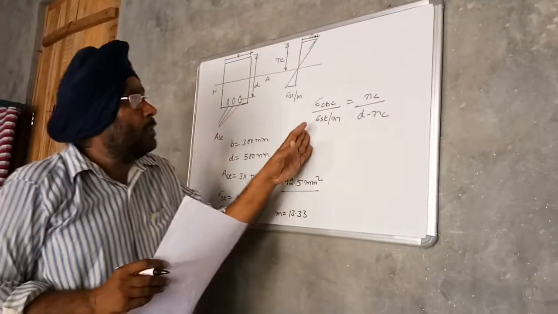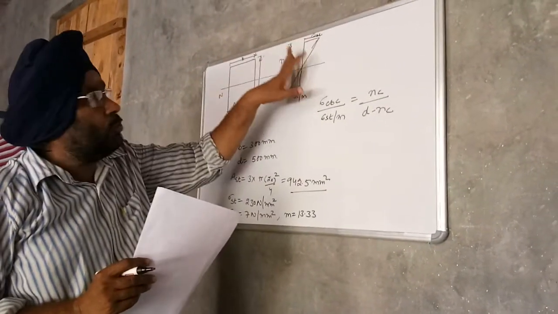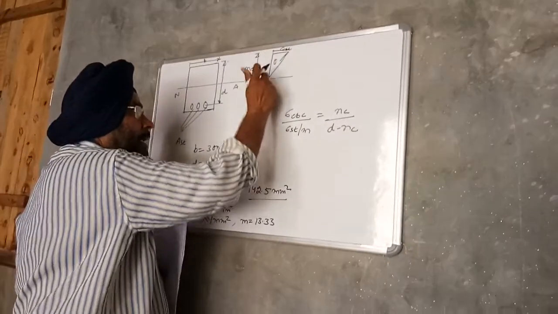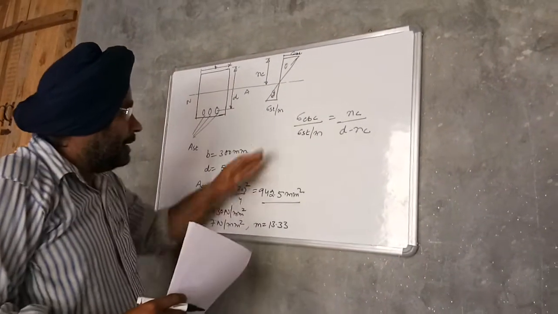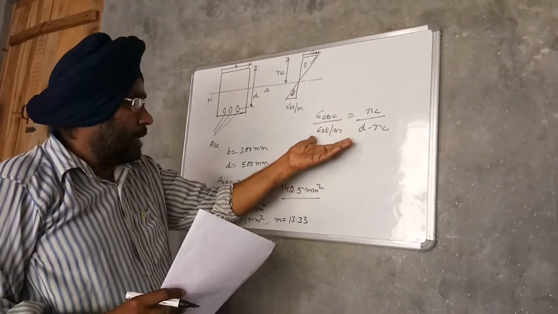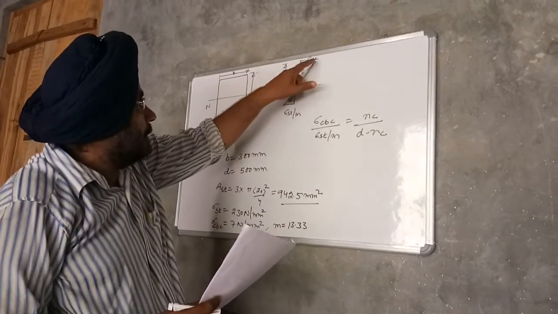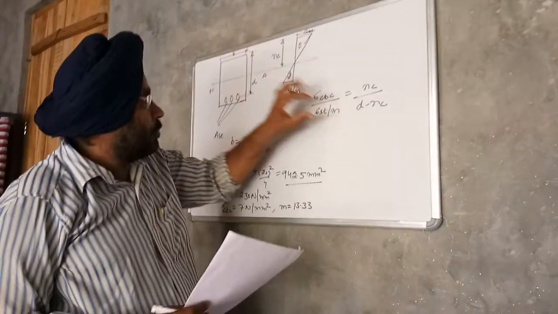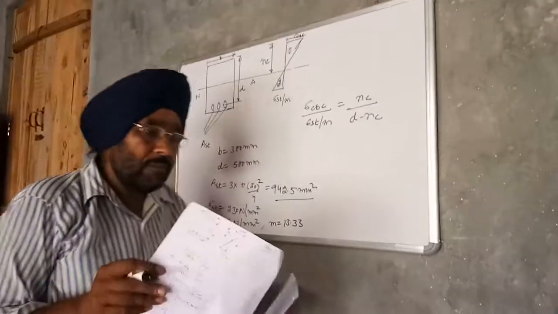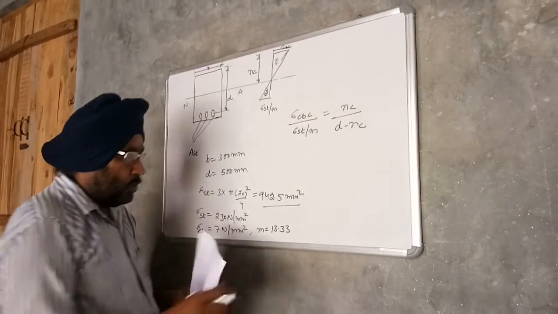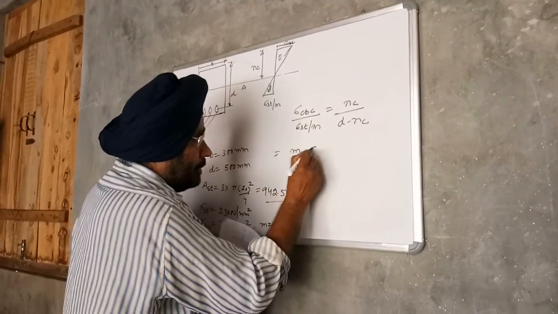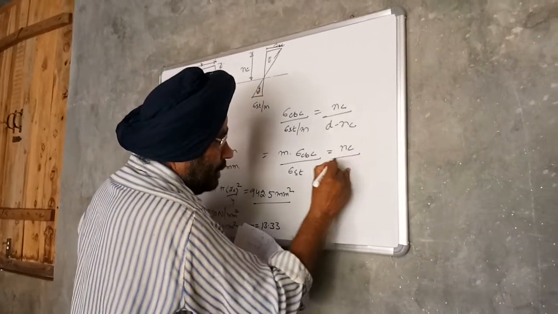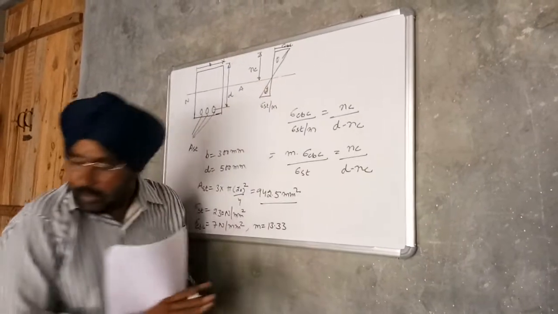These are two similar triangles, and by equating the sides of the similar triangles this equation comes into picture: sigma CBC upon sigma ST upon m, this side, equals Nc, and this side is d minus Nc. So m sigma CBC upon sigma ST is equal to Nc upon d minus Nc.